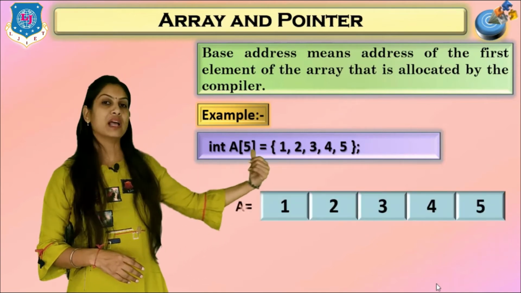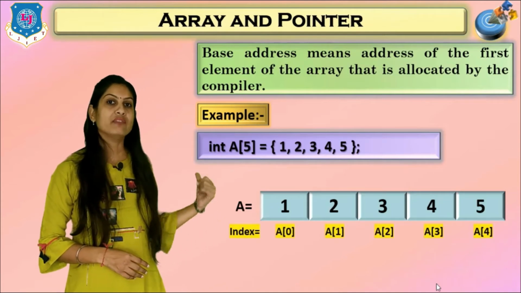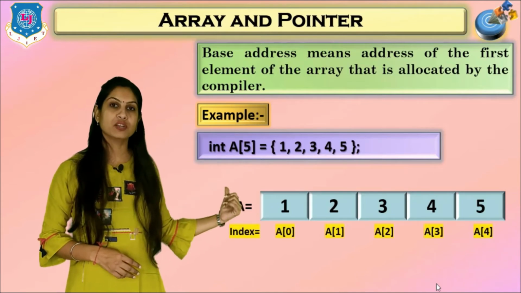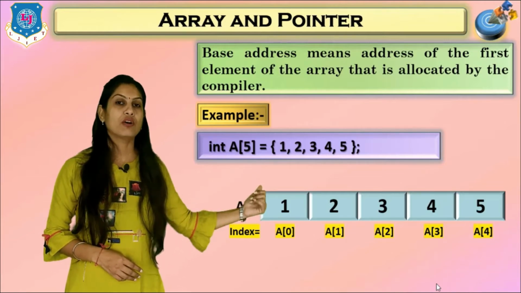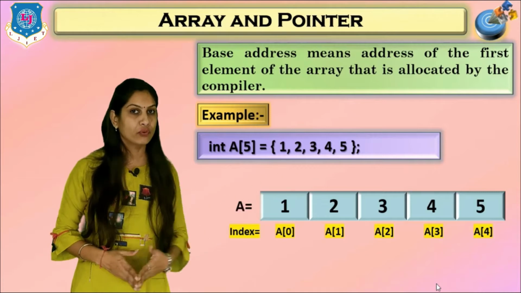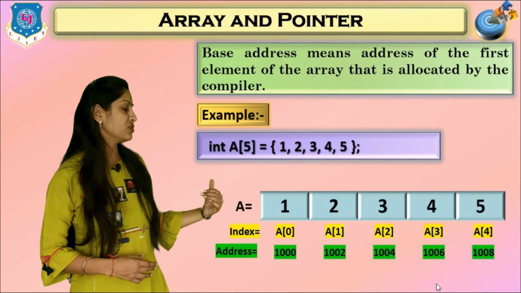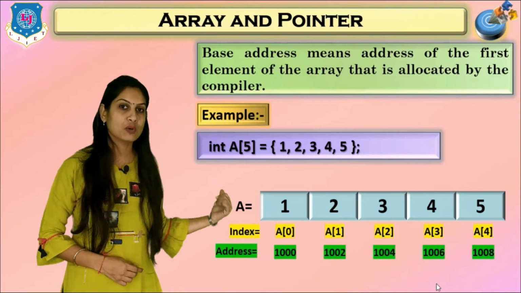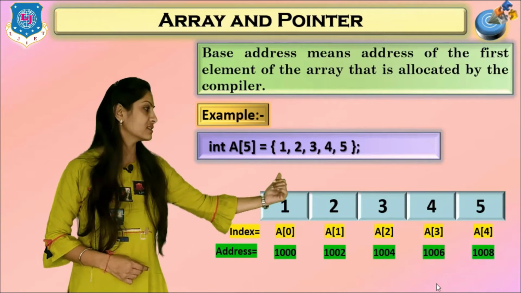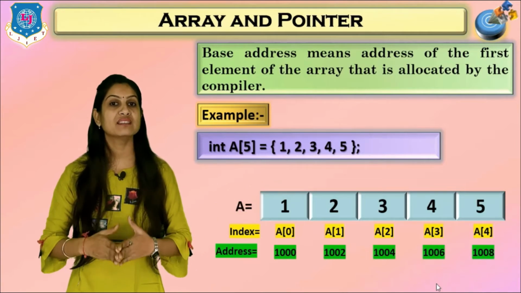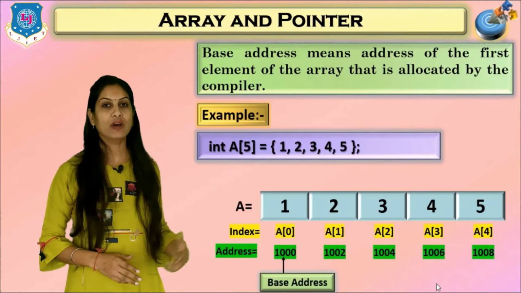The 5 different values we are storing in a single variable, that is a, having index, that is a of 0 because first index is always 0, then a of 1, a of 2, a of 3 and a of 4. And each and every element has some address, like I have taken here the random address 1000 for first, then 1002, 1004, 6, 8. And here our base address is nothing but the address of first element, that we can say 1000.